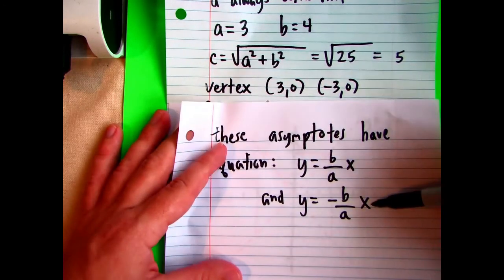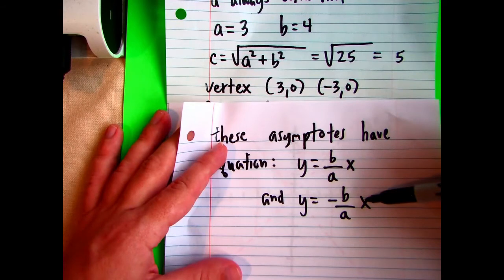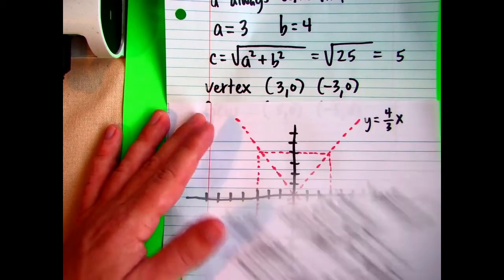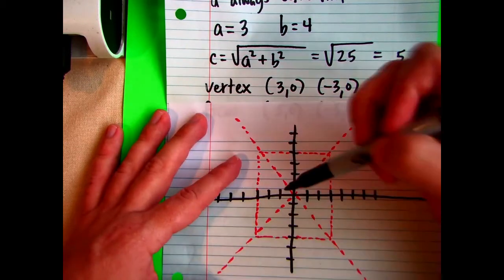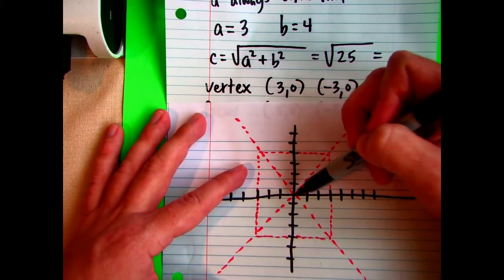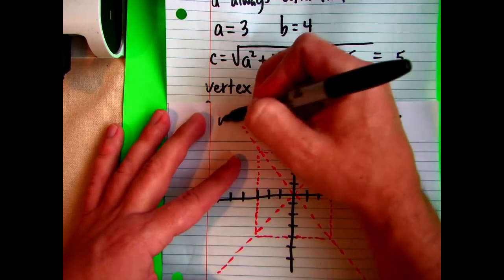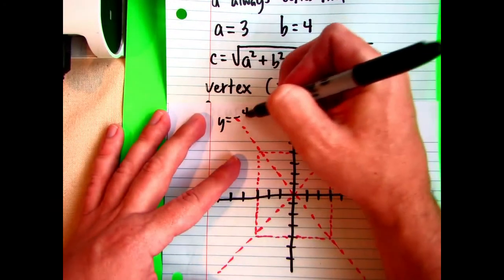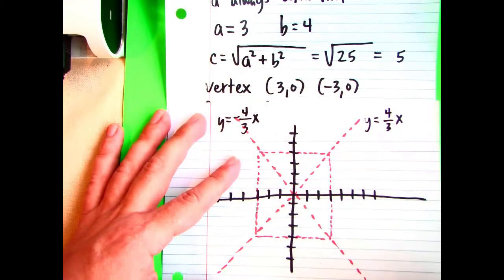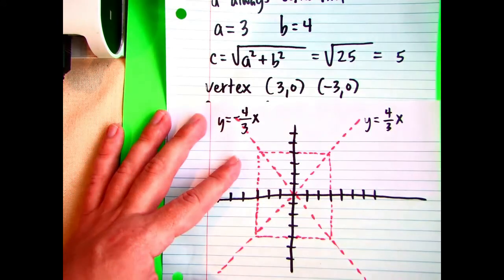My other asymptote has a negative slope, negative b over a. So negative 4/3 x. My rise and run is negative 4 over 3. So those are the equations of my two asymptotes.